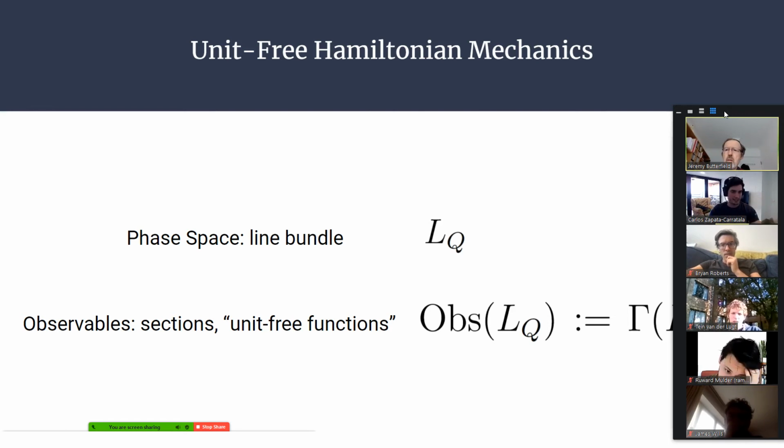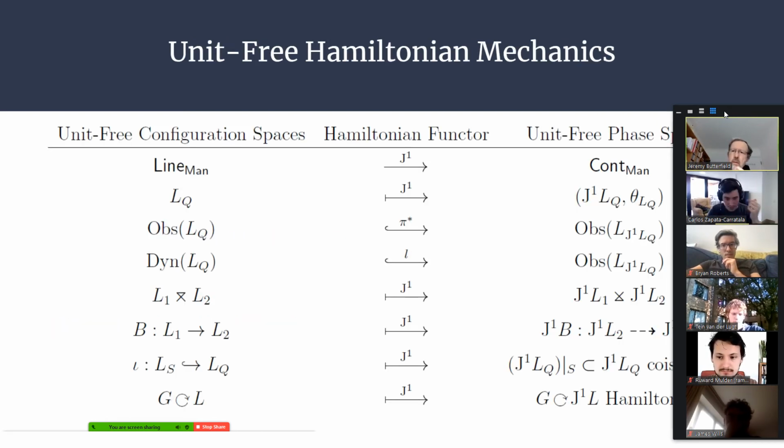I want something like the Hamiltonian functor that takes me from configuration spaces, which in this case would be line bundles, into my phase spaces, the real phase spaces where things happen. So this was my work in my thesis, which is mostly all mathematics that were very well known, but I had to flesh it out in this language to really make sure that it works as it does in the symplectic case.